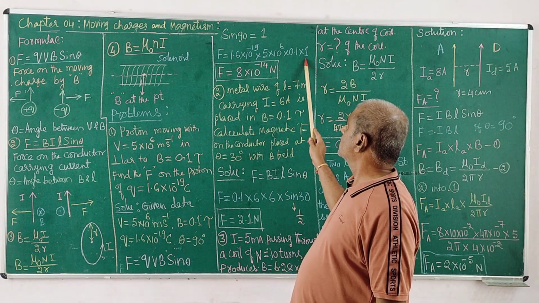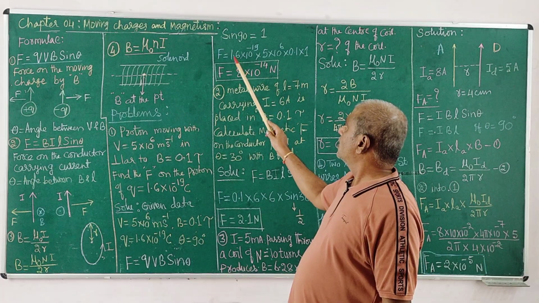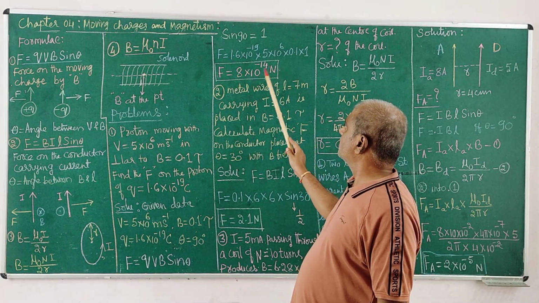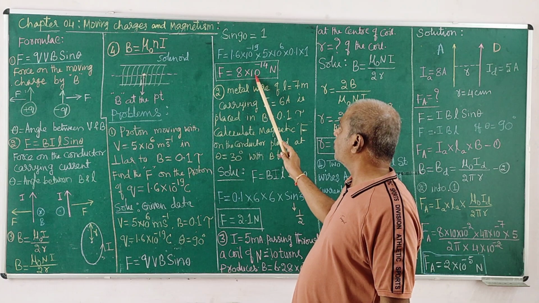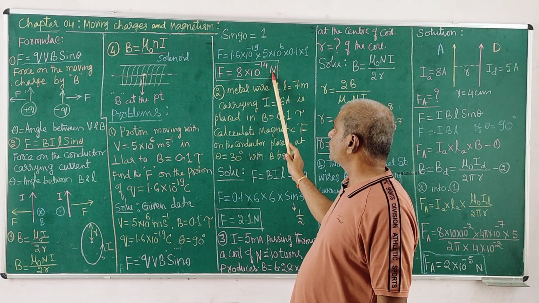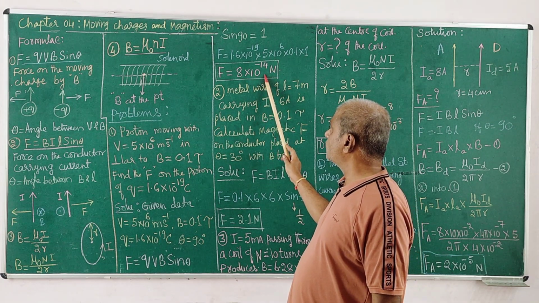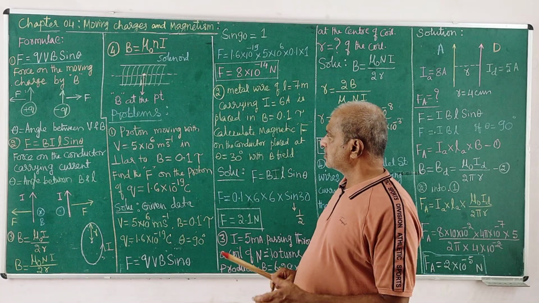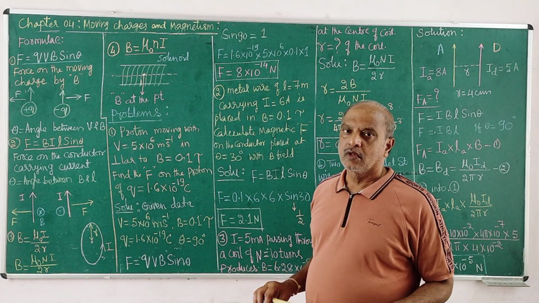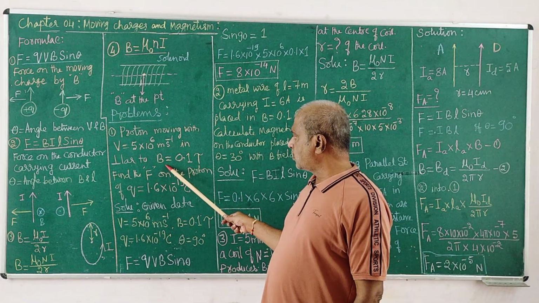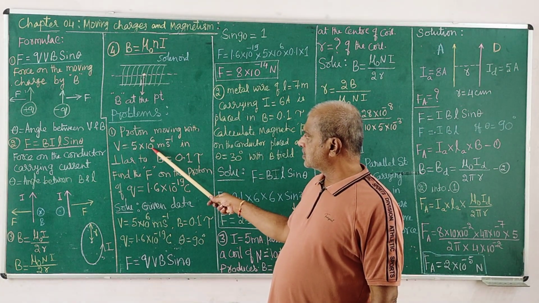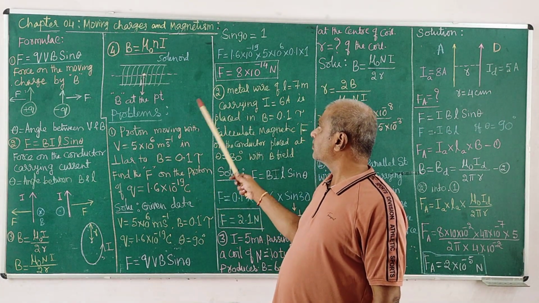Upon simplifying this, we get this value, 8 into 10 to the power of minus 14 Newton force. This amount of force will be exerted by the application of the magnetic field on this moving proton particle.